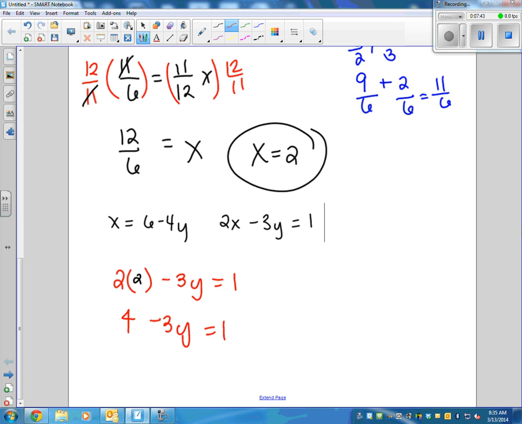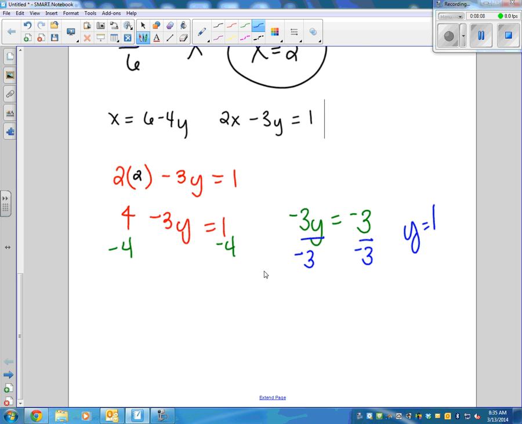What's my next step? Subtract 4. So I'm going to subtract 4 from both sides. And I get negative 3y equals negative 3. Good. And then I'm going to divide by negative 3, and y is going to equal 1. So what's my final answer? 2 comma 1.